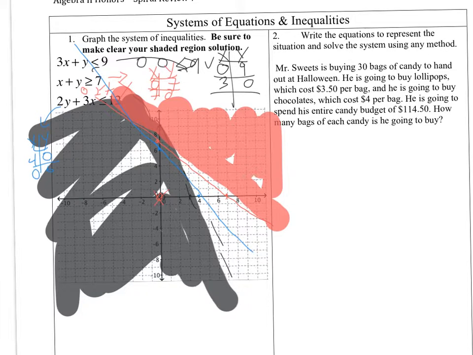Okay, and for this, we're going to plug in the point 0, 0. I switched my marker a little bit too fast. And if I plug in 0, 0, I get 0 is less than or equal to 12, which is true. Okay, that means that we're going to color in this side.